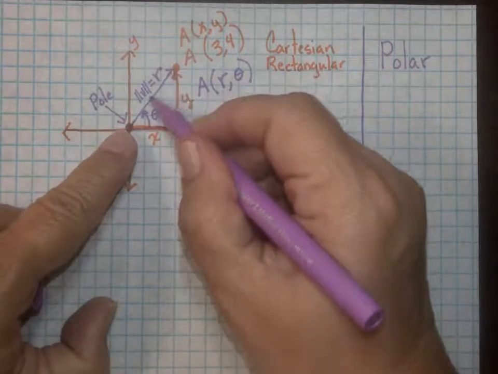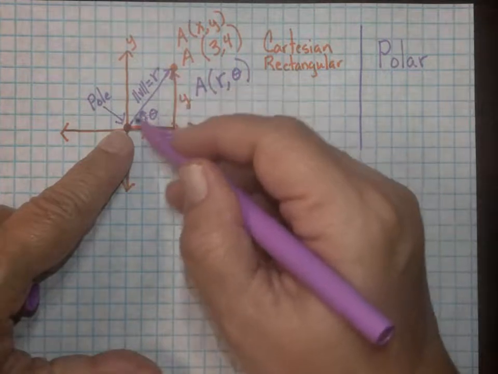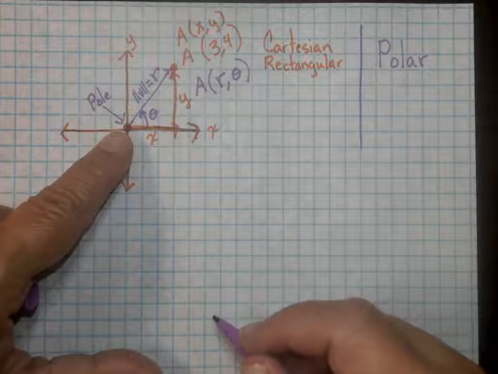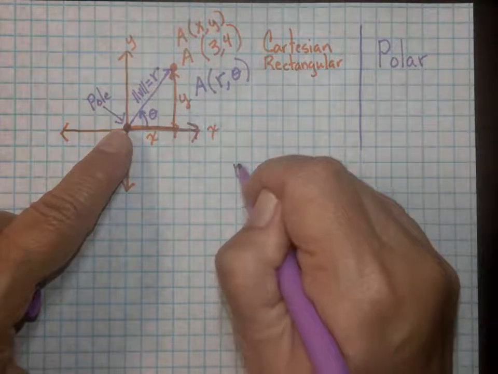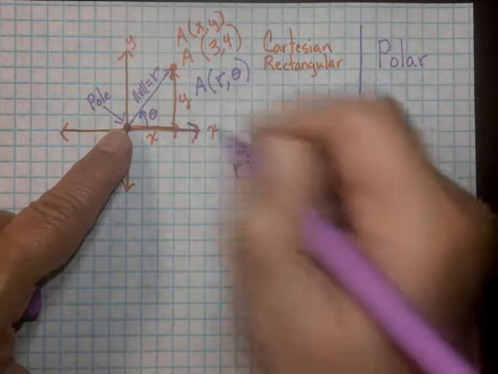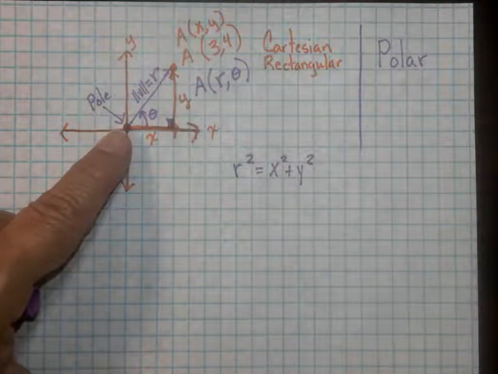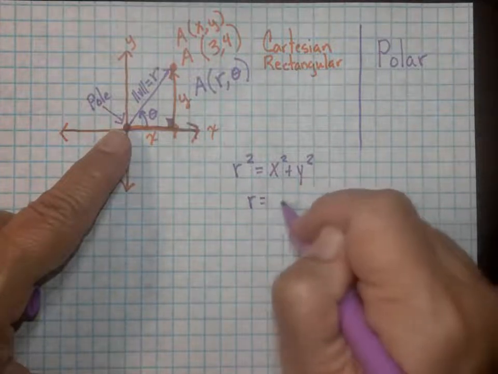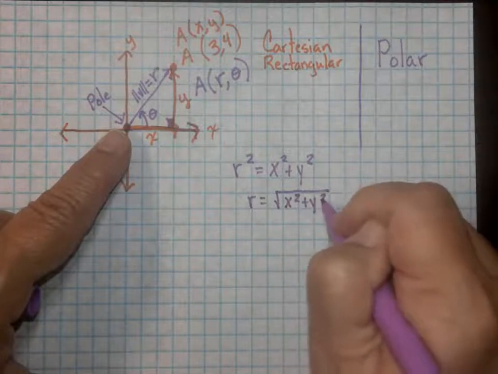So look at that distance of r. Didn't we find the magnitude by relating it back to the distance formula or the Pythagorean theorem? So we know that r squared is equal to x squared plus y squared. Right? So we have a right triangle there, Pythagorean theorem. So then taking the square root of both sides, we know that r is the square root of x squared plus y squared.